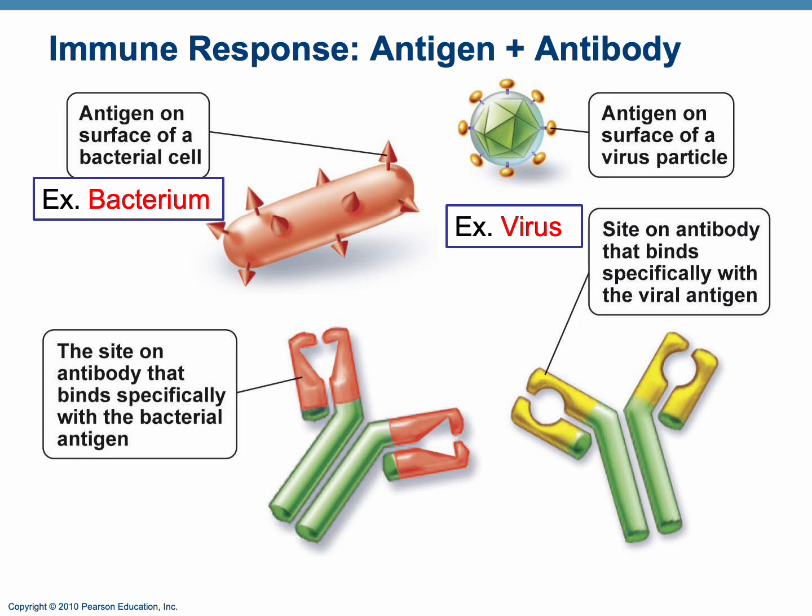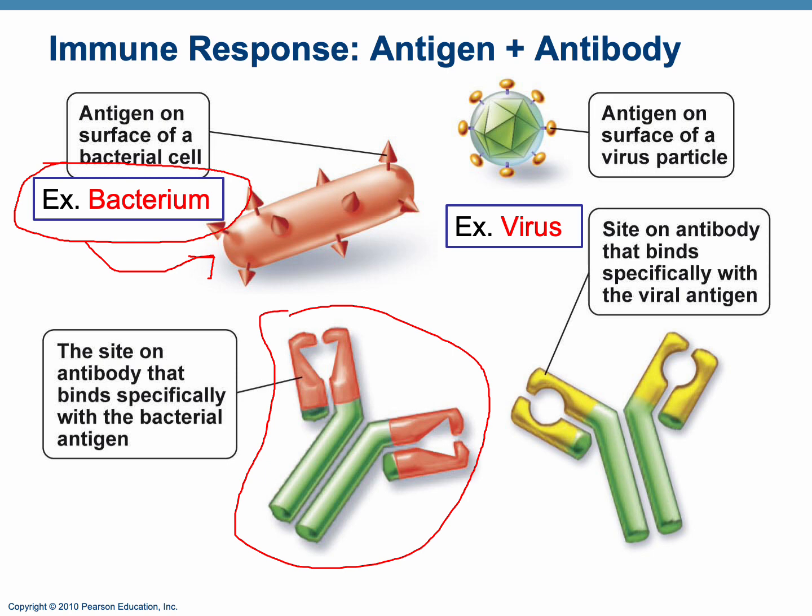This is a very simplistic view, and we get the idea of the antigen, like the bacterium that we're seeing here in orange. Then here we have the antibody, and this antibody is designed to dock and bind onto this bacterium.